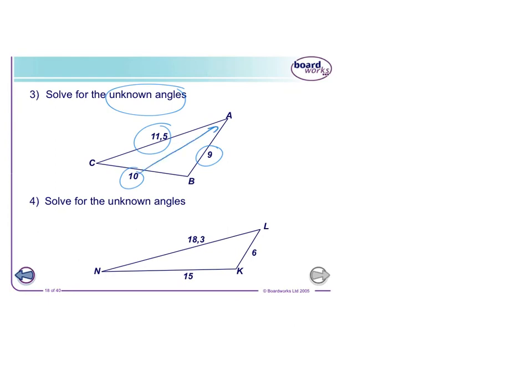Let's start with A. It's going to be the side that is opposite the angle we're looking for, then cos of the angle on the opposite side, because it's opposite to 10. So we're going to have our other two sides in that format.